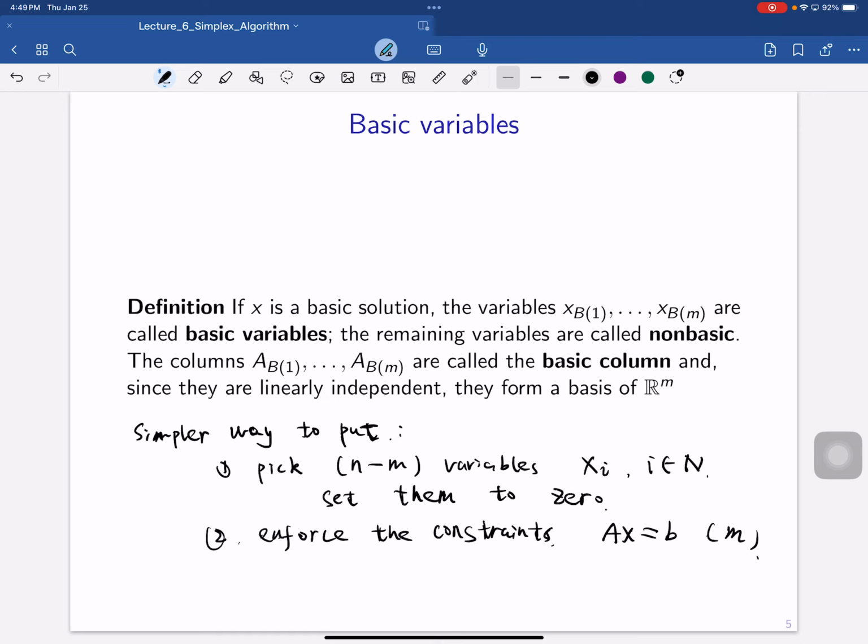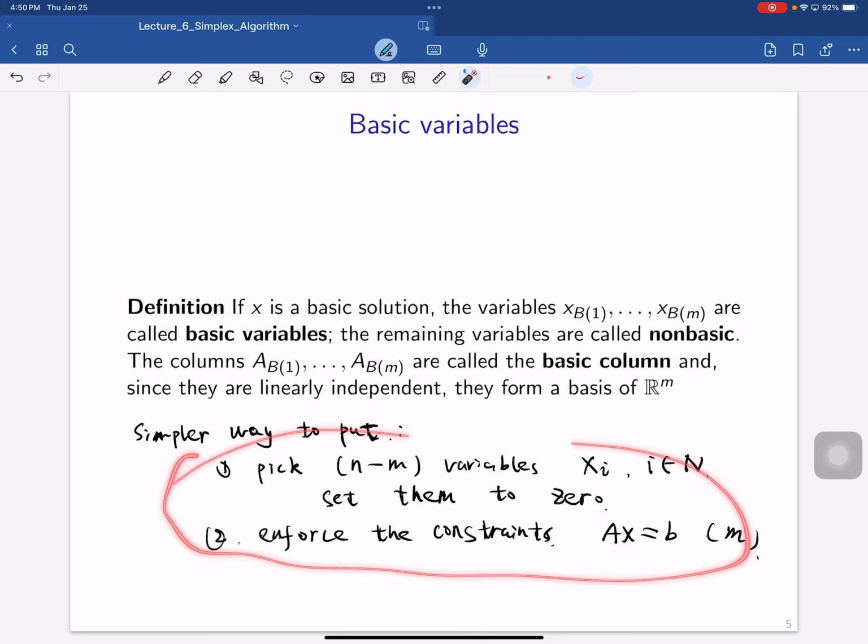That's a simpler way to put it, if you don't really want to read that theorem. Hopefully everyone understands this part: fix some of the variables to 0, and of course you need to satisfy the original linear equality constraints. That characterizes a basic solution.